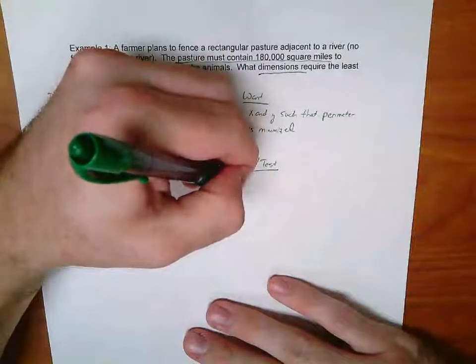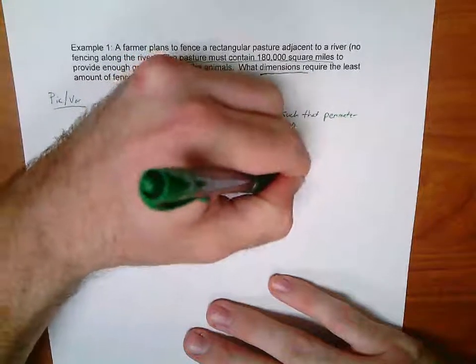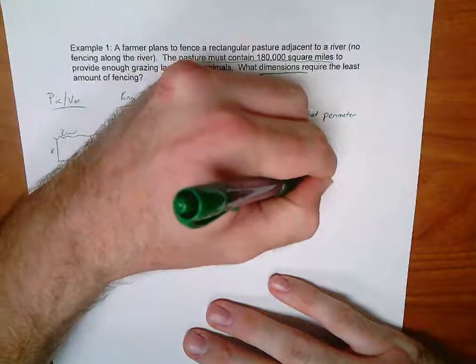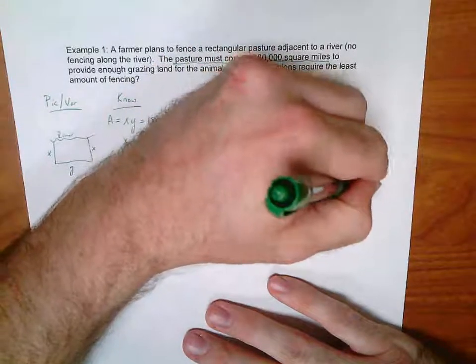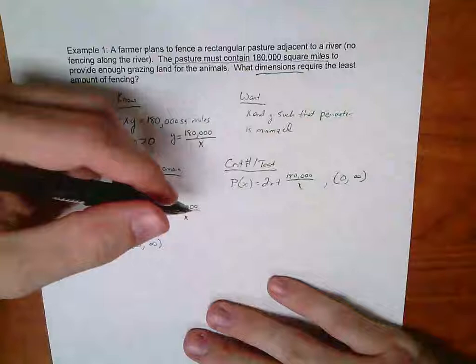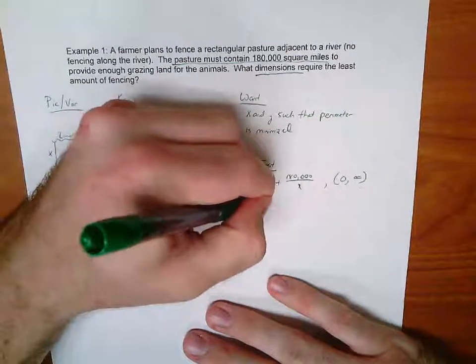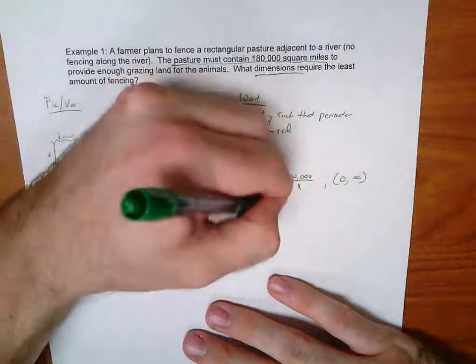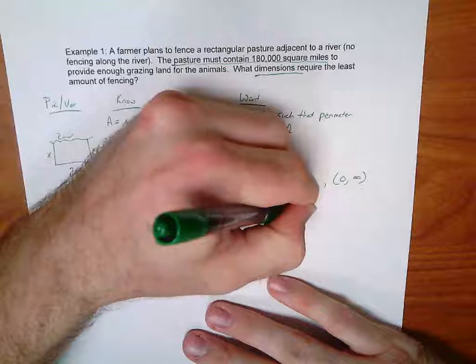We know p of x was 2x plus 180,000 over x whenever x is on the interval 0 to infinity. To find the critical numbers, find our derivative. So p prime of x is 2 minus 180,000 over x squared.